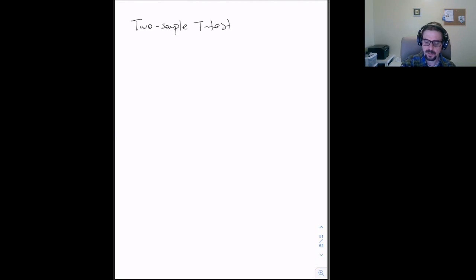Last week, as you remember, we talked about the one-sample t-test, and this week we are just going to learn how to compare two groups to each other using this statistical test method. One-sample t-test and two-sample t-test are very similar.